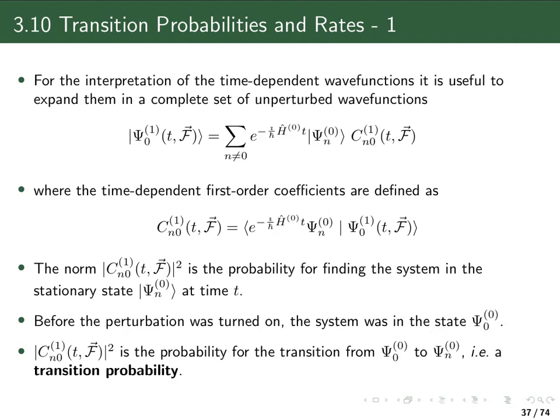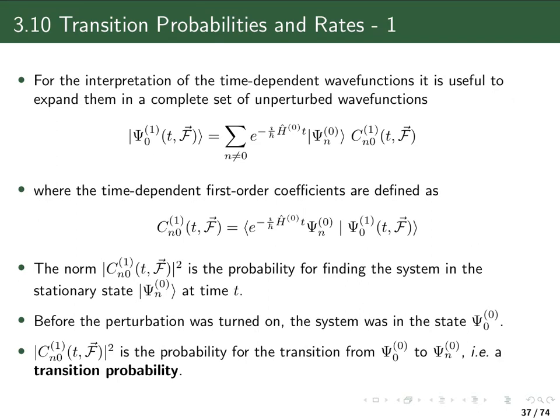And therefore, these expansion coefficients for the first order correction to the wave function we can interpret as the probability for the transition from the original state psi 0 to this state psi n. So it's what is called a transition probability.